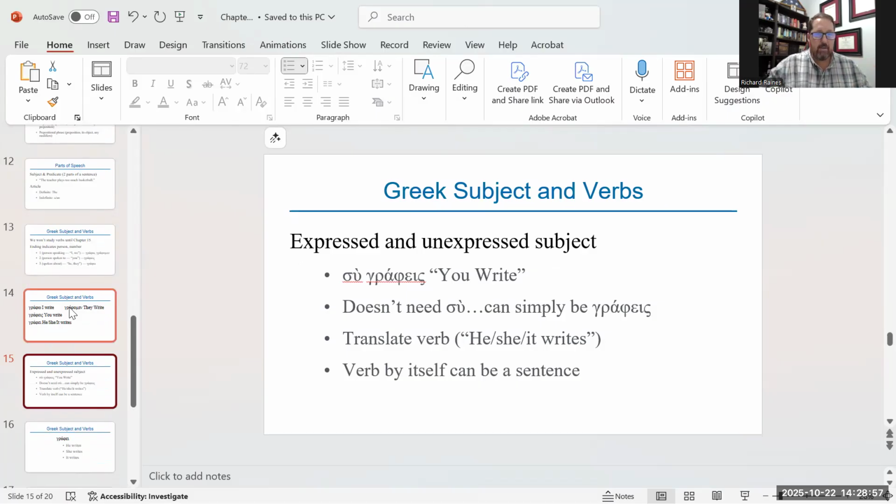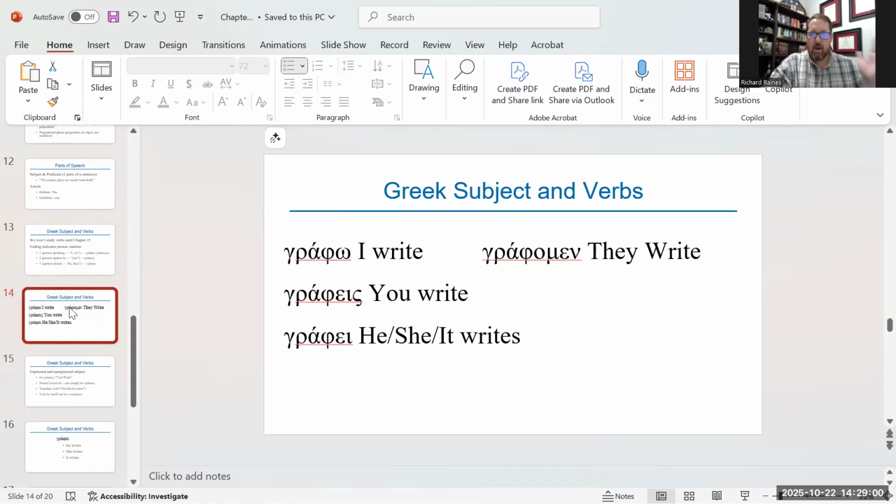So going back just a slide, if the sentence is graphomen, "we write," that is an unexpressed subject, meaning that you understand that because of the suffix omicron, mu, epsilon, nu. Because of that, you know, okay, that is present active indicative, first person plural, "we write." That is an unexpressed subject.